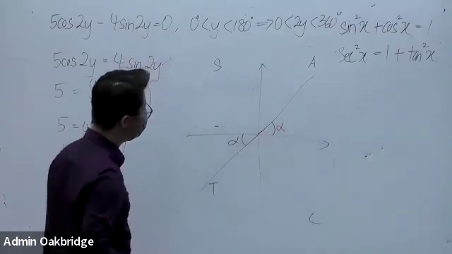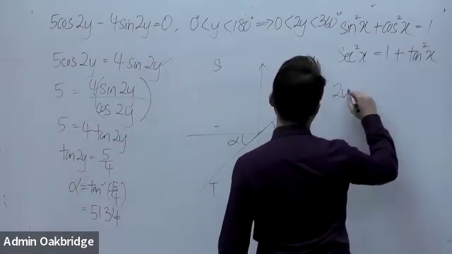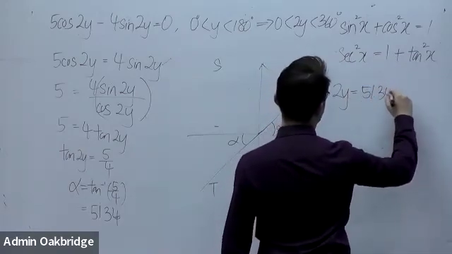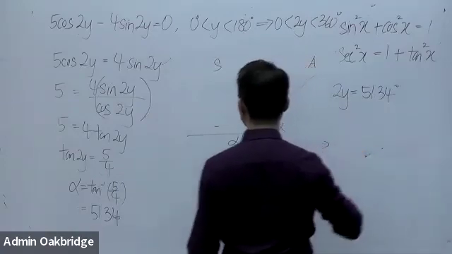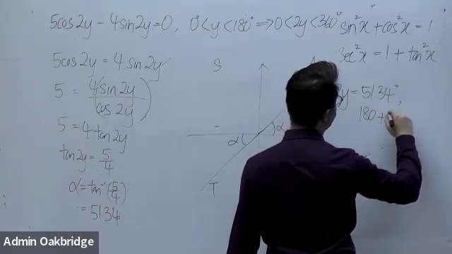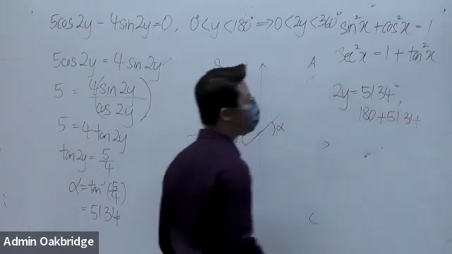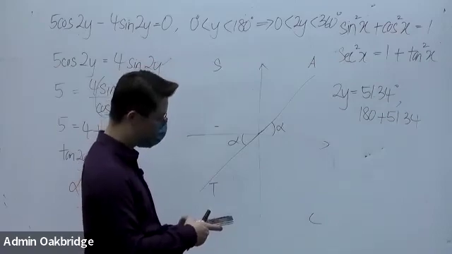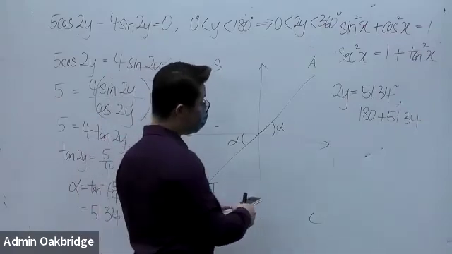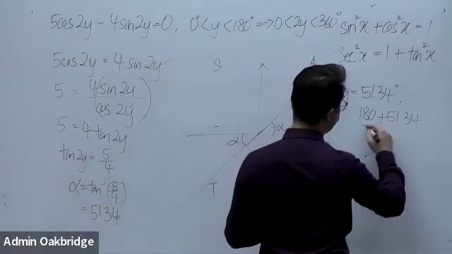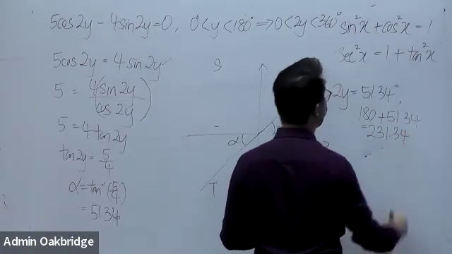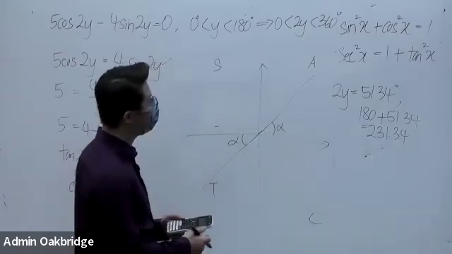So now you have the first value for 2y is the basic angle. The second one will be the third quadrant, 180 plus 51.34. Okay, but still not finished yet because you have to get y.